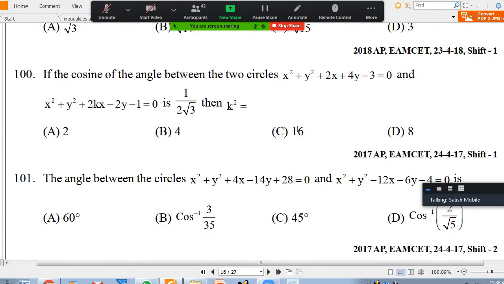Okay. So from 100 onwards, I think angle between the circles started. So there you have to use cos theta equal to d square minus r1 square minus r2 square by 2 r1 r2.